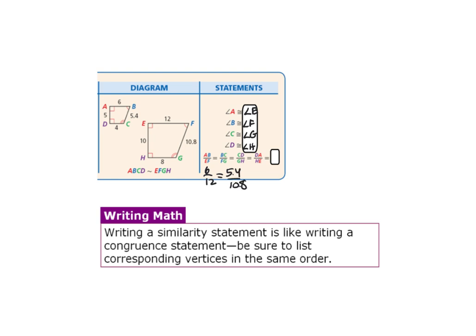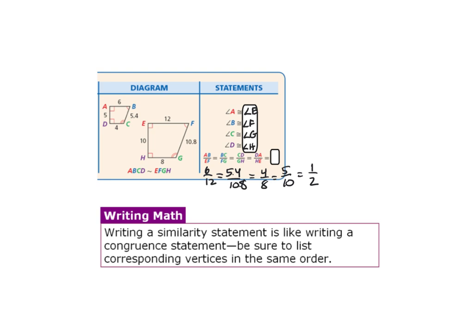CD is here. That corresponds with GH, 4 over 8. And then finally, DA corresponds with HE. DA is 5, HE is 10. And you'll notice that all of those ratios, when I simplify them, all equal 1/2.